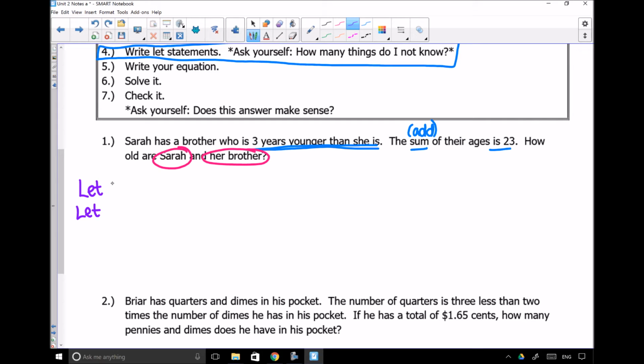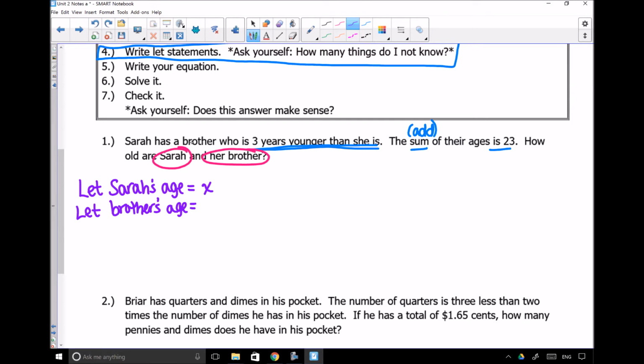So since I don't know Sarah's age, we're going to say let Sarah's age equal, and then you can call it any variable you want. I'll call it X. Okay? And then we don't know her brother's age, so we're going to say let her brother's age. I don't know what it is, but I'm not going to call it Y. I'm going to call it something based on the information that's given to me.